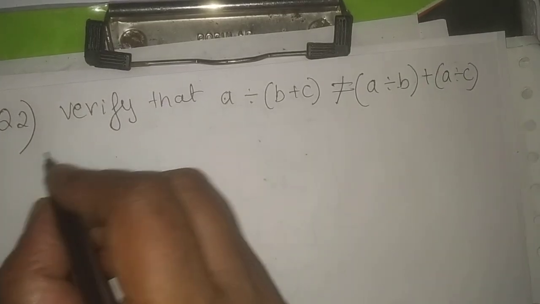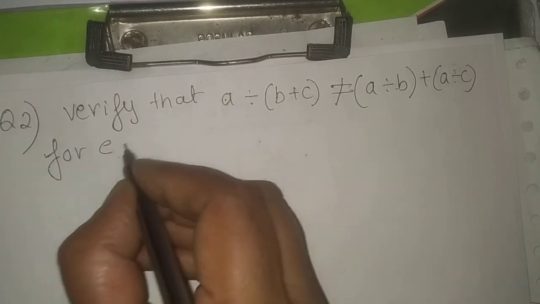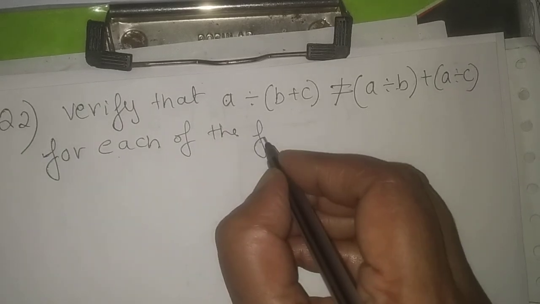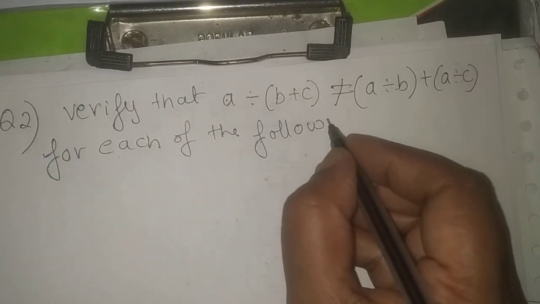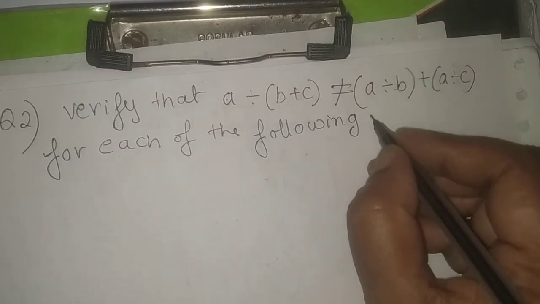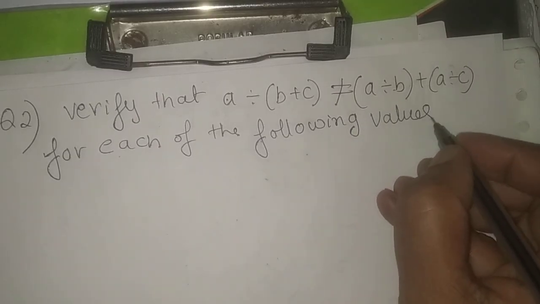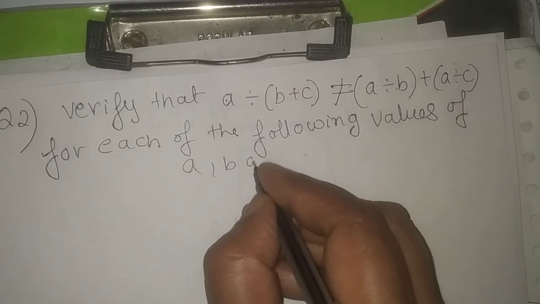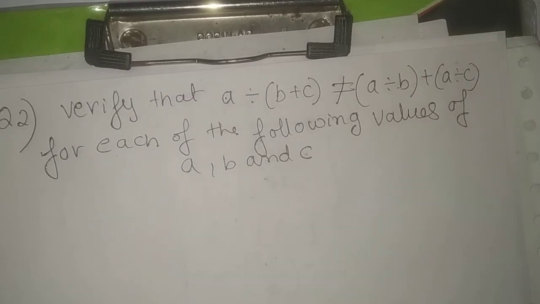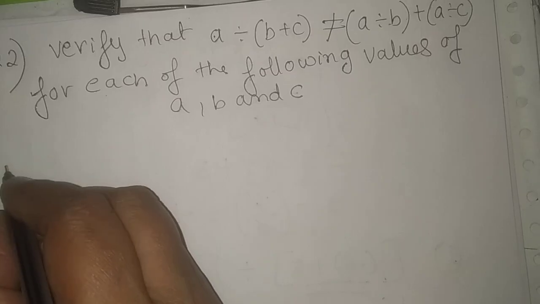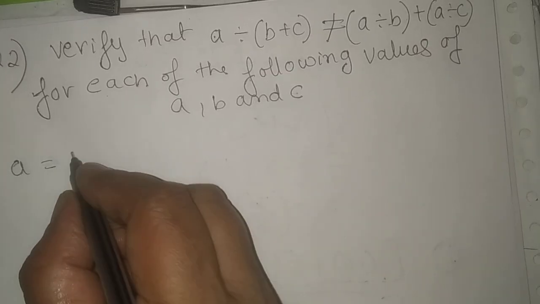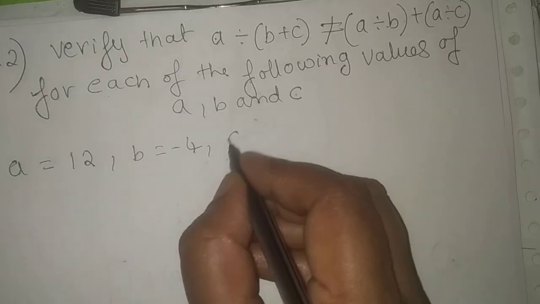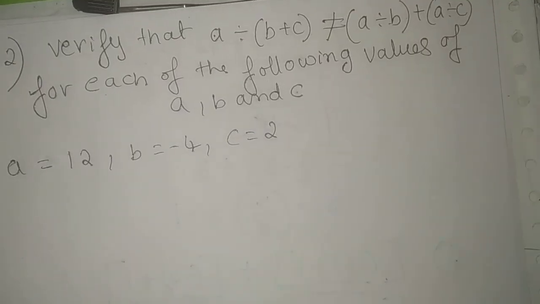So now for each of the following values of A, B, C. There are 2-part questions here, and each time they are given separate values. A is 12, B is equal to minus 4, C is equal to 2.